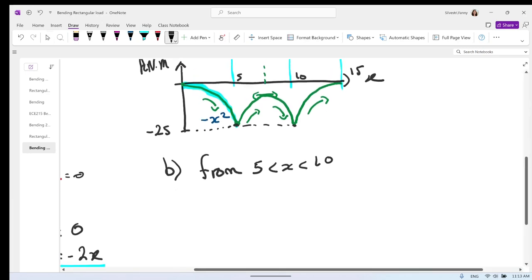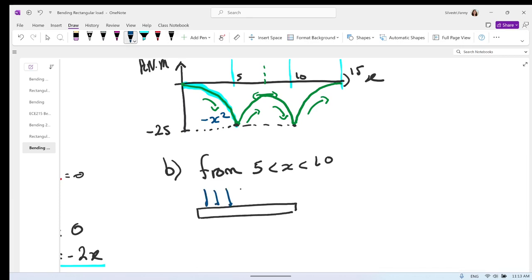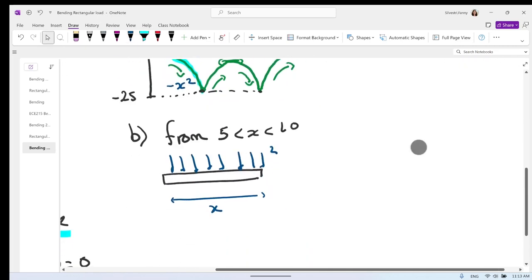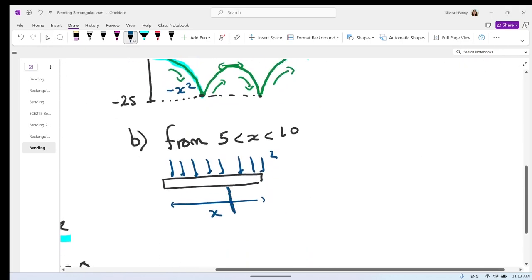So free body diagram. We have the distributed load, that is 2. We have that distance, that is x, and we have the AY at 5, that is 15 up. So we have 15, okay.